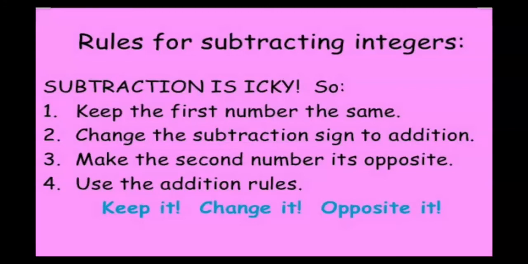Fourth step, use the addition rules. So finally, at the end, we'll be again using the addition rules. How do you remember the first three steps of the subtraction rules? Just by this small sentence: keep it, change it, opposite it.